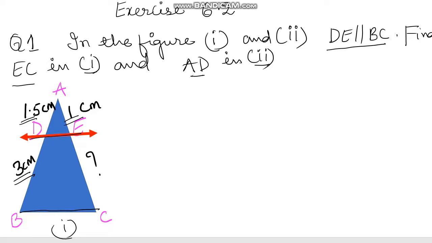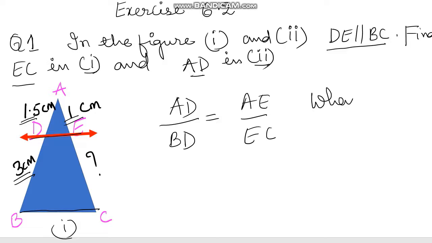Children, if you remember the basic proportionality theorem, you will come to know that AD by BD will be equal to AE by EC when BC is parallel to DE. Here it is already given that DE is parallel to BC. So you can say that AD by BD is equal to AE by EC.